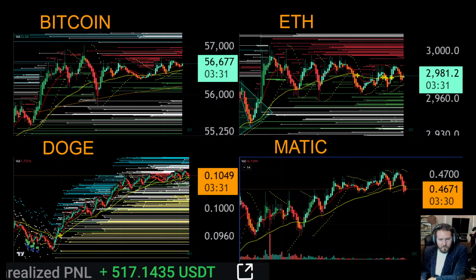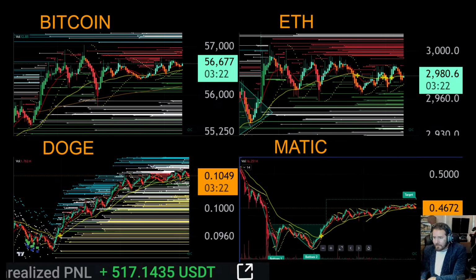Let's just make it look more professional, more unison. So we got Bitcoin, we have Matic. Whoa! Matic's 46 cents. Wow. I haven't traded Matic in a long time.